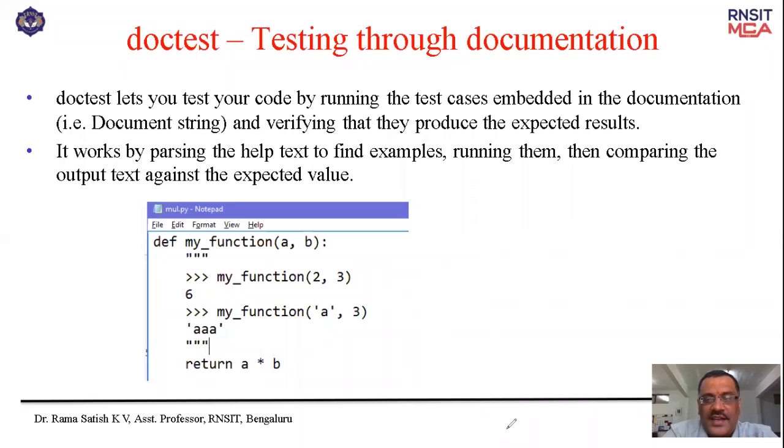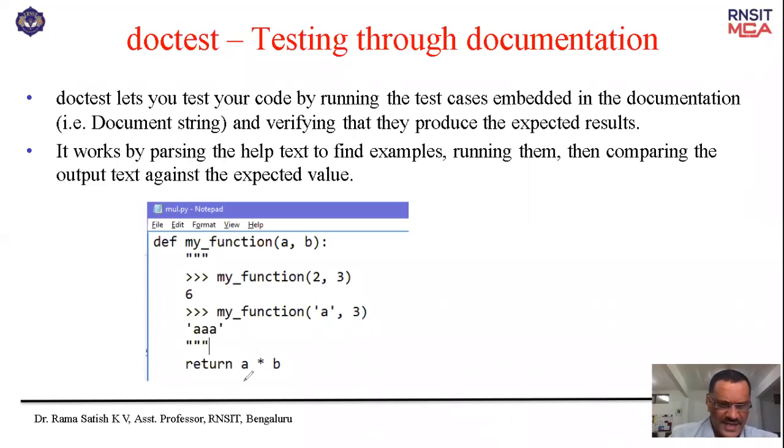Docstring is again used to do unit testing. That is doctesting, done through the docstring. So docstring has two usages: one, it helps; second, it is used for doctesting.